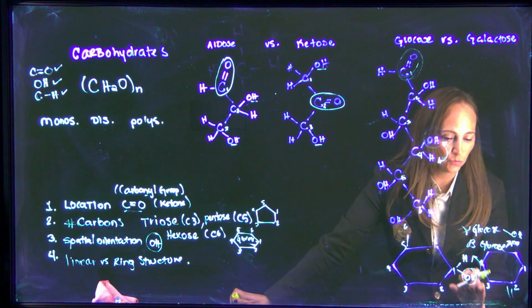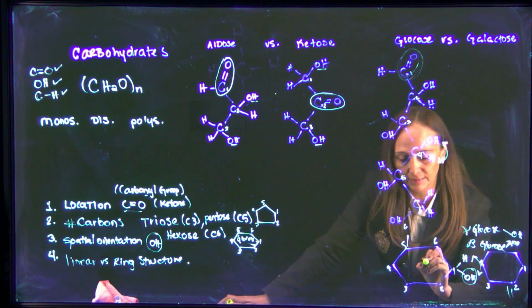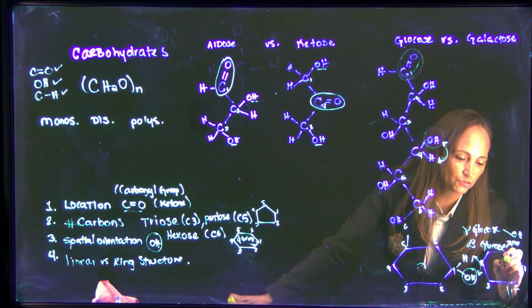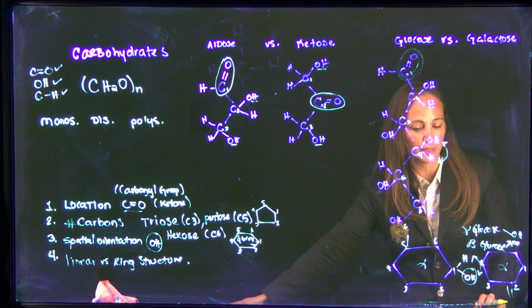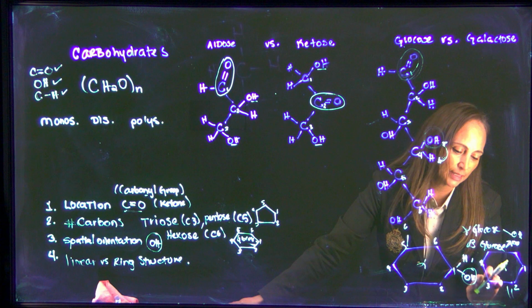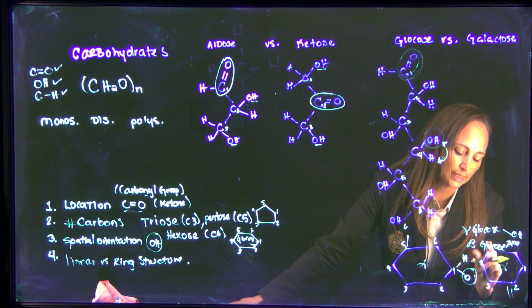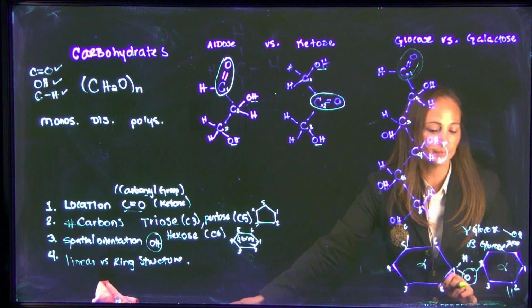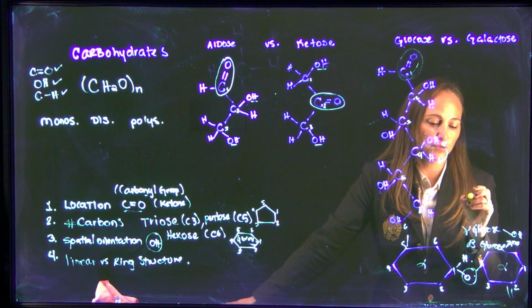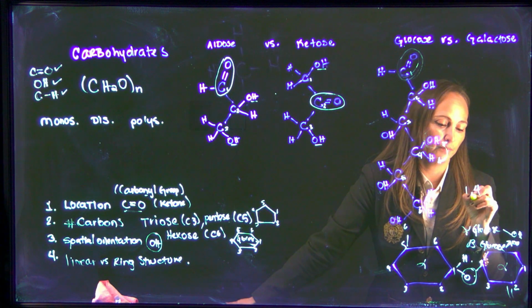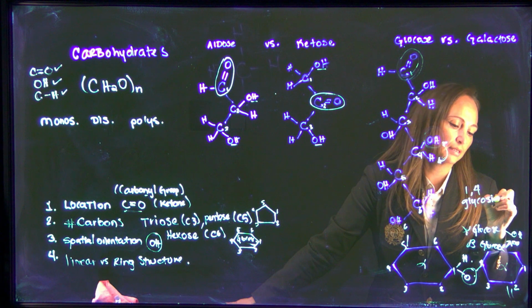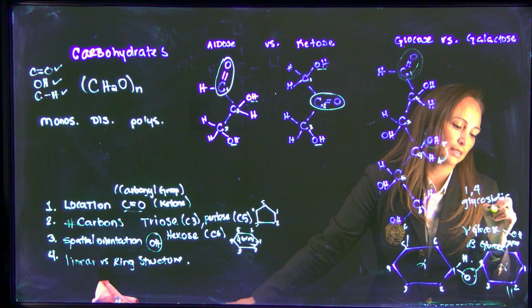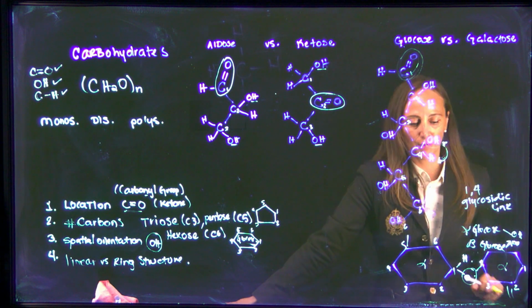If I use an alpha glucose here, it's going to be another alpha glucose. I'm going to delete that hydroxyl group and connect them like that. So I'm able to form a 1,4 glycosidic link or bond, however you want to call it.